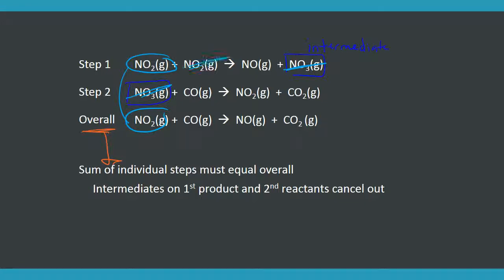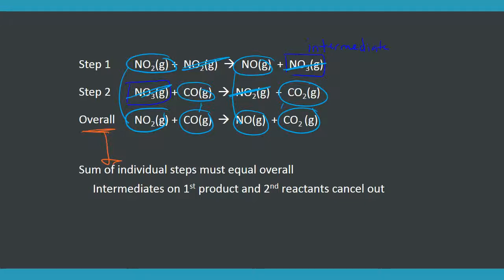The second NO2 actually cancels out with a product in step 2. The CO matches, the NO matches, and the CO2 matches. So we've crossed out everything that is common, and we've made sure that what's left behind is what we see in the overall reaction.